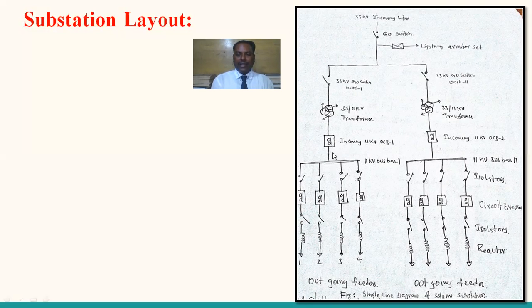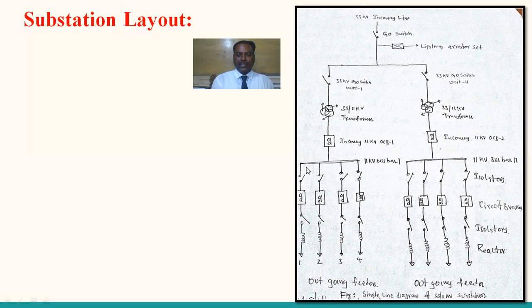After the circuit breaker, it goes to a bus bar. A bus bar is a common conductor for incoming as well as outgoing lines. In this bus bar, there are 4 outgoing primary feeders.